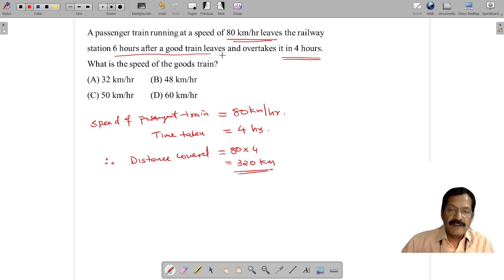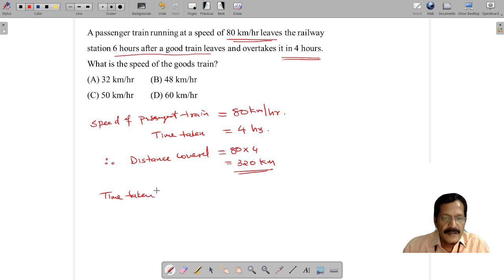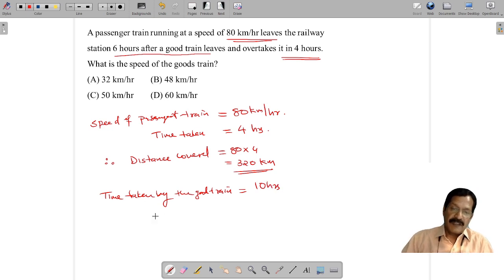But the goods train leaves 6 hours before. So the time taken by the goods train is equal to 10 hours, because it leaves 6 hours before the passenger train.